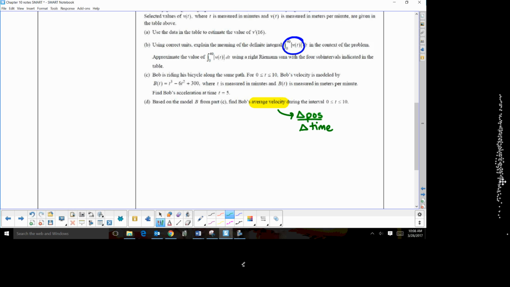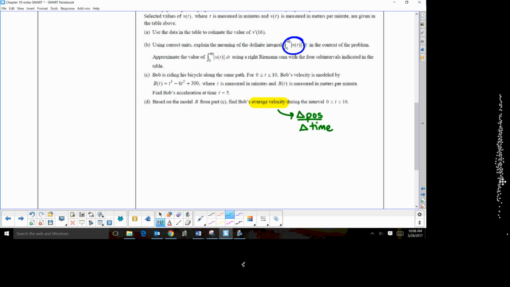Oh my goodness, find the change in position. Average velocity, right? So I don't do the change in velocity over the change in time. I do the change in position over the change in time.